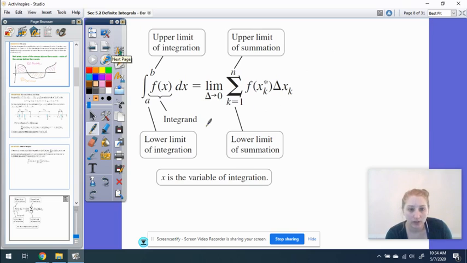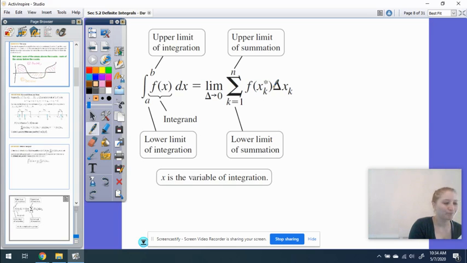So what we have is a and b, which are our lower and upper limits of integration respectively, and that is going to mirror the lower and upper limit of your summation. In this case, x is our variable of integration, and notice here we have that change of x still coming into play. So although maybe this looks a little bit scary, we're going to run through this together.